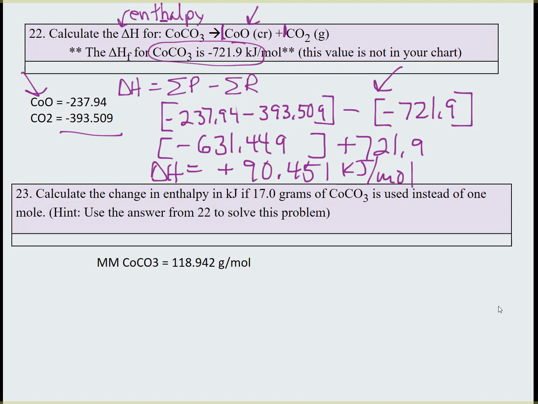Let's go ahead and go to the next one. So it says calculate the change in enthalpy in kilojoules if 17 grams of the compound is used instead of the 1 mole. So you can see up on this problem, we're using 1 mole. Now they're saying, okay, what if you had 17 grams, then how much energy would we have? So again, this is for 1 mole, our answer. So for this, you are going to have to use the molar mass.